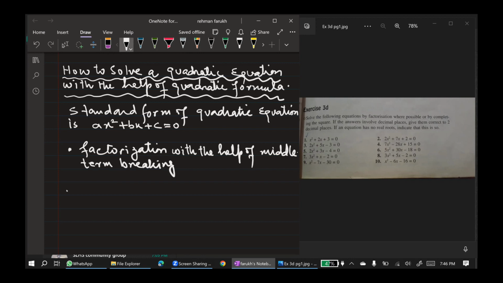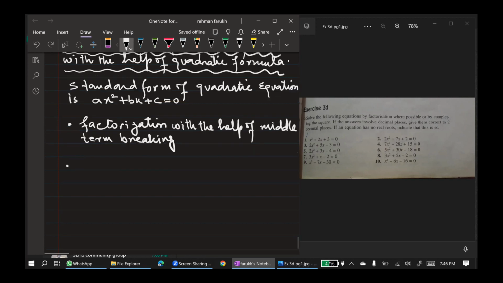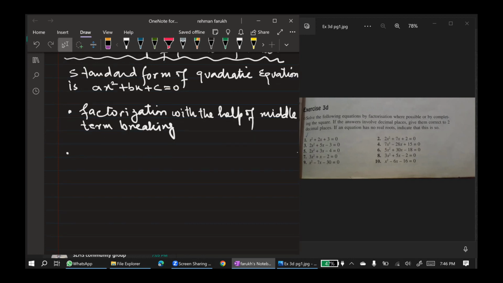The second method we came to know was the complete square method. And the third method which we'll discuss today is the quadratic formula.